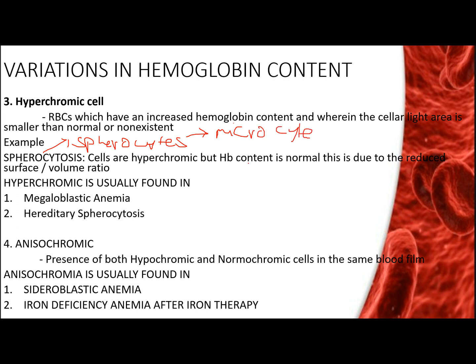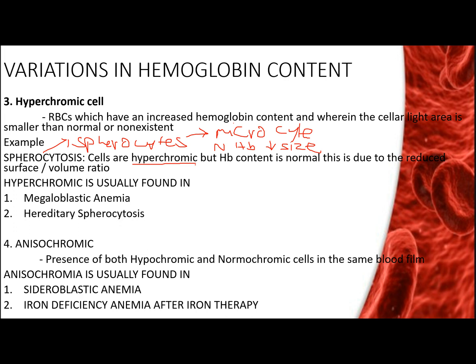Now, they are hyperchromic because the hemoglobin content is normal but has a reduced surface volume ratio. Meaning class, sa spherocytes nyo, normal ang hemoglobin content but you have a small or decreased size, making your hemoglobin content appear hyperchromic. Let me repeat.